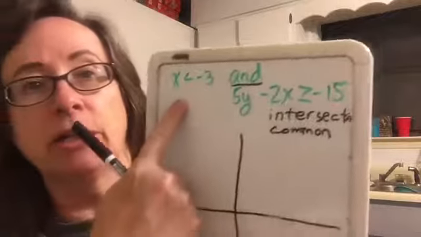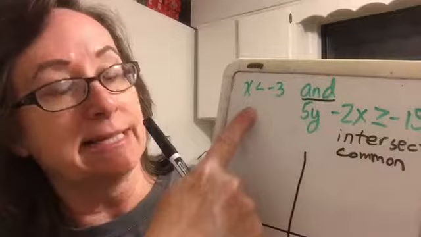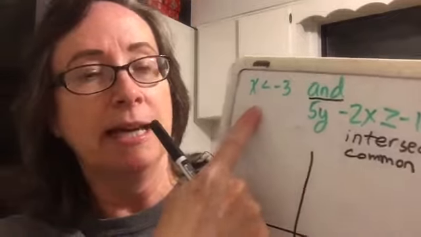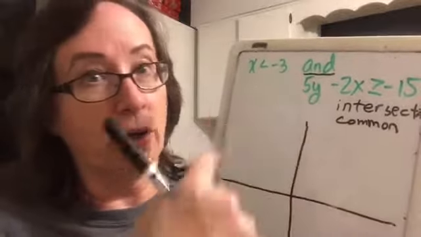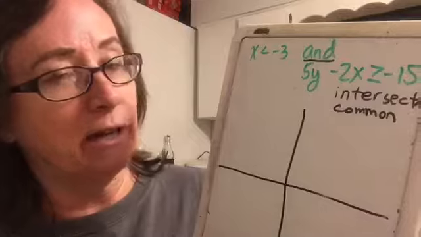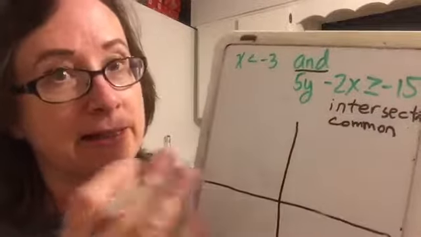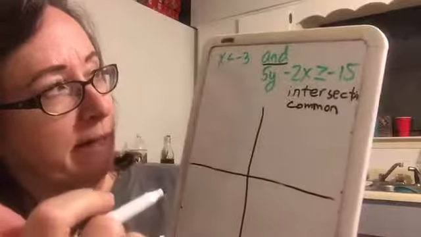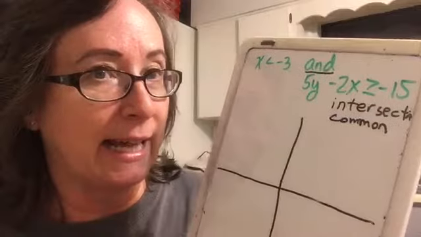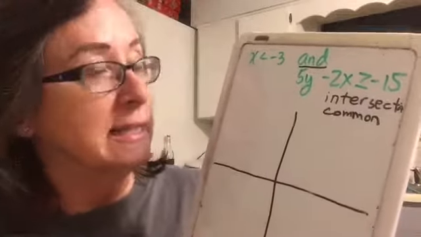So the first thing we're going to do is graph x is less than -3, just like we did in the first part of this video that I had already posted, because this was getting delayed. So x is less than -3. First, we're going to plot the line x is equal to -3.